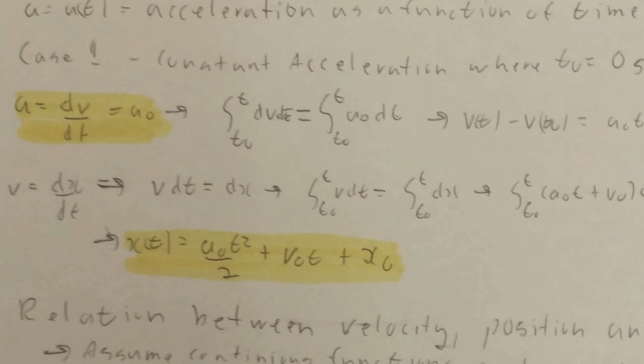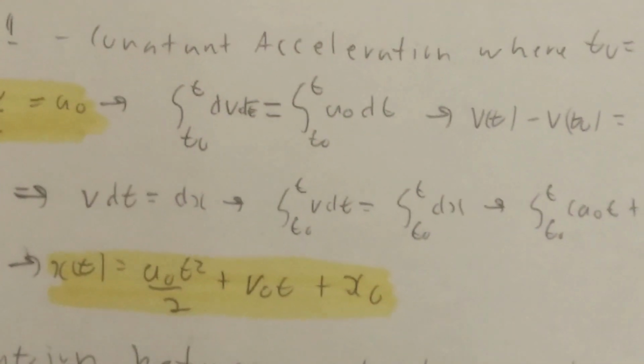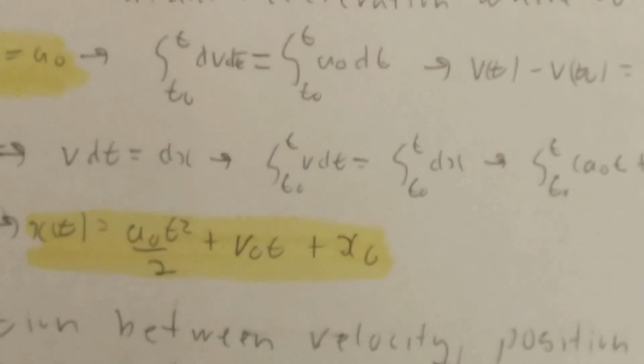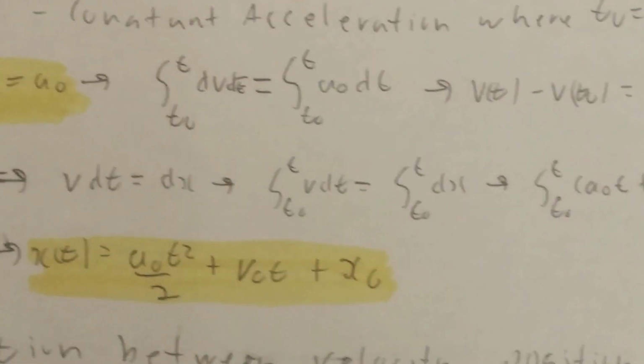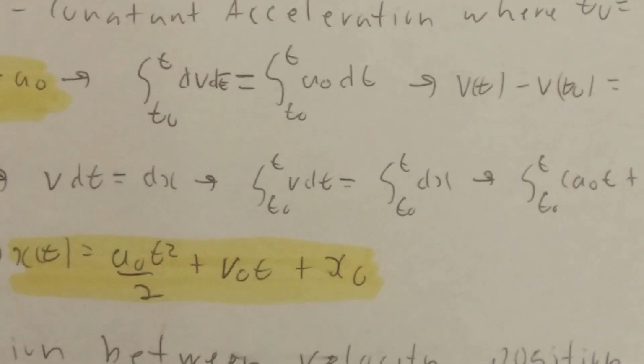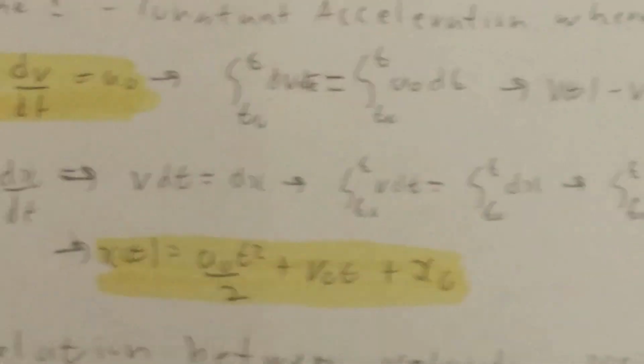So we have the result: x of t equals a naught t squared over 2 plus v naught times t plus initial x naught.